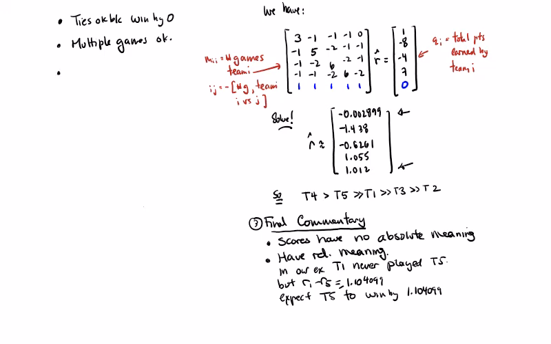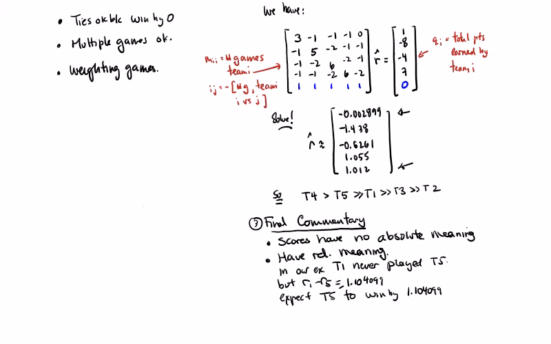Now, there's a comment here about weighting games. For example, in a real world situation, it's very common that when a team plays at home, they have an advantage, right? There's a home field advantage. That can be factored in using historical data by weighting those scores appropriately.